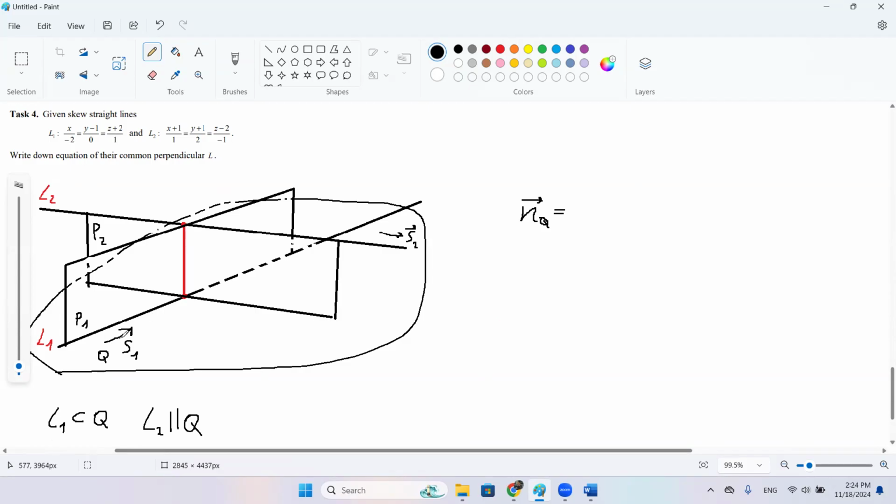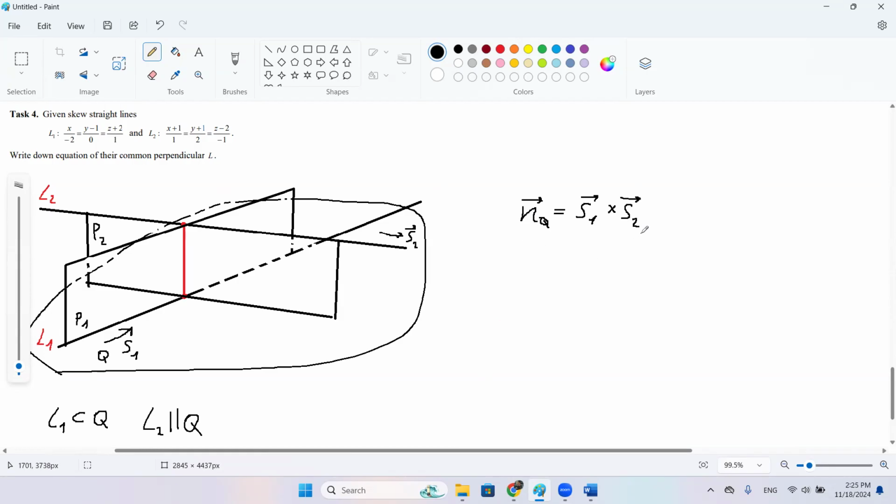So we have direction vectors. So the normal vector of the plane Q can be received as the cross product of vectors S1 and S2, because it's perpendicular to both of these vectors. So this is the normal vector of the plane Q.